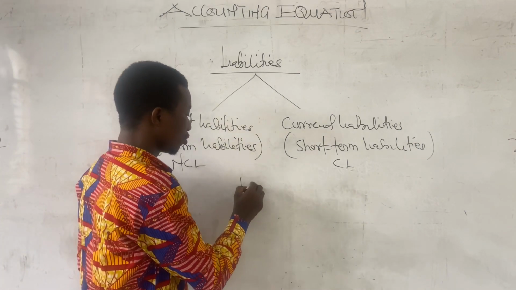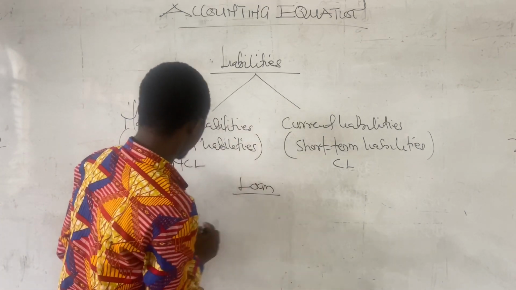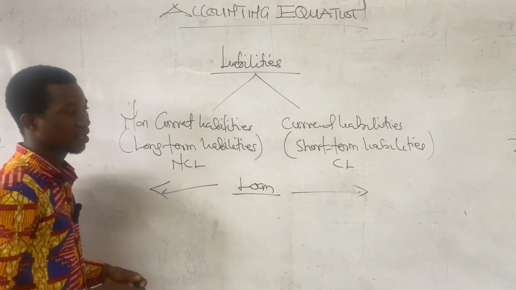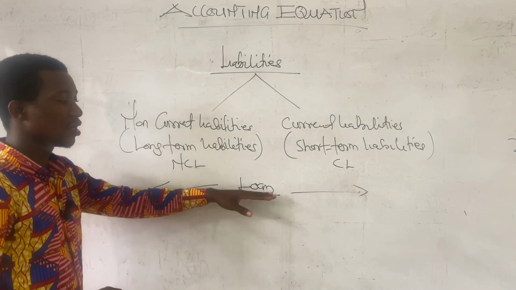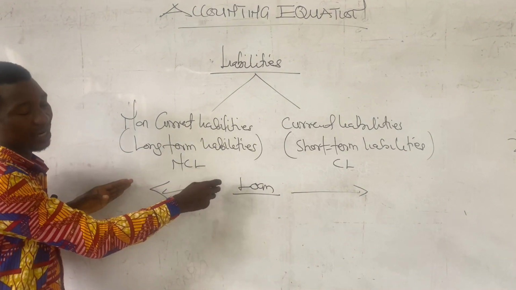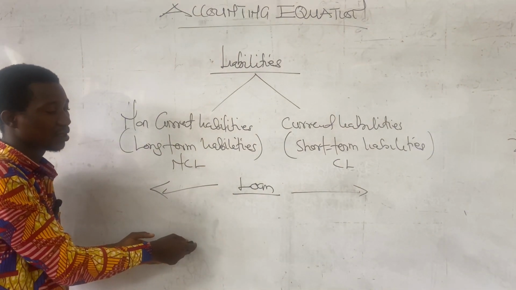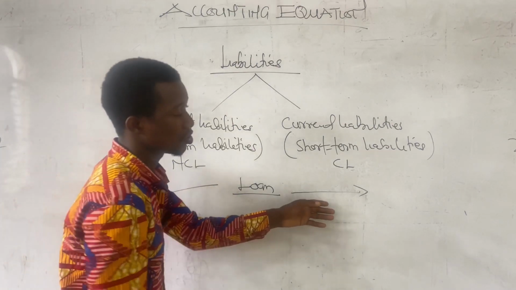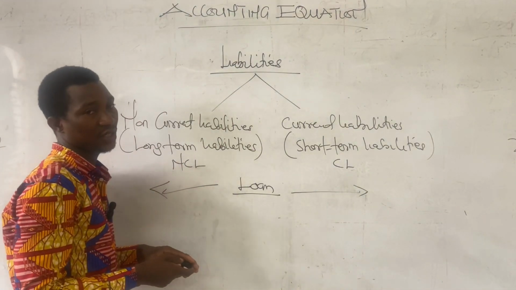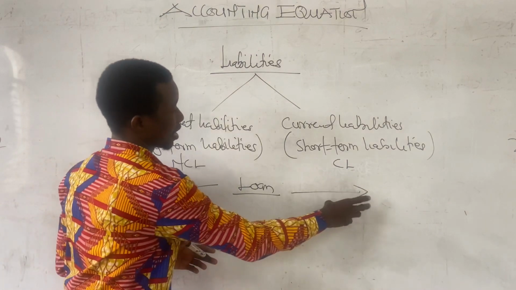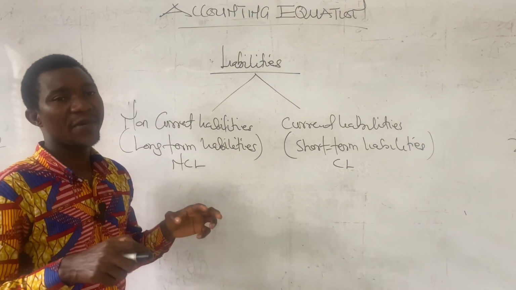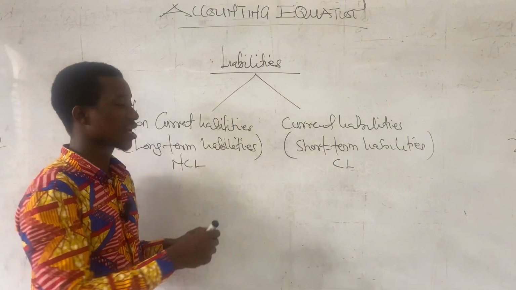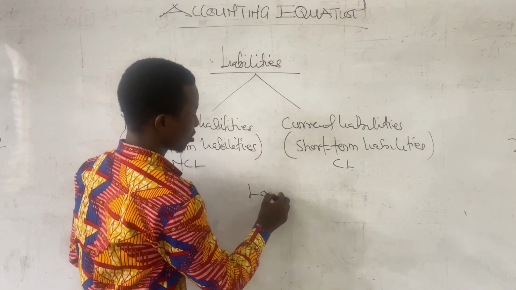I mentioned loan as a non-current liability, and at the same time a current liability. If the loan will be paid over more than one accounting period, we consider the loan as a non-current liability. But if the loan is supposed to be paid within one financial year, we consider it as a current liability.